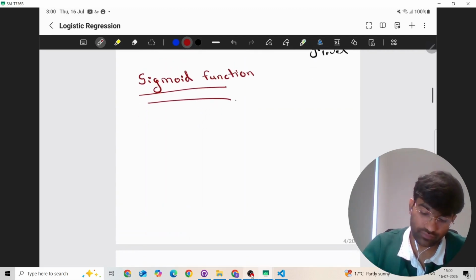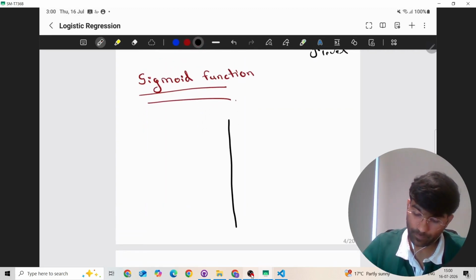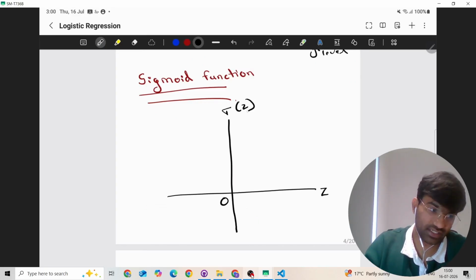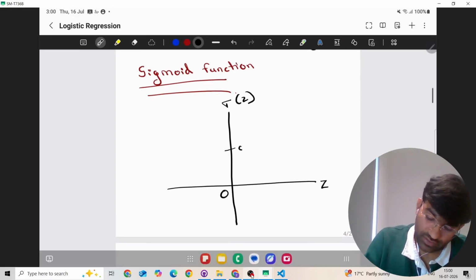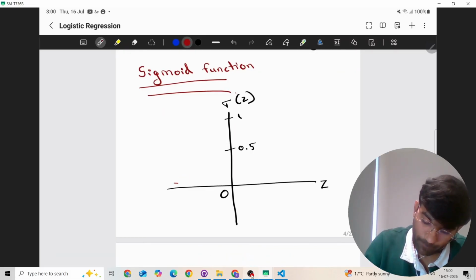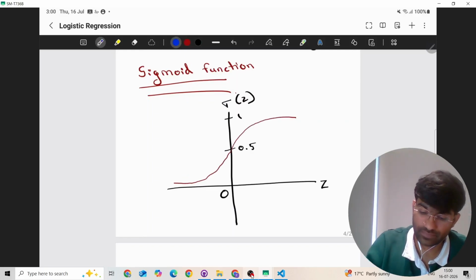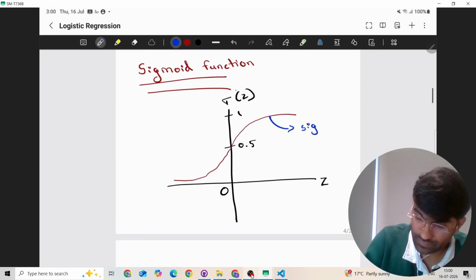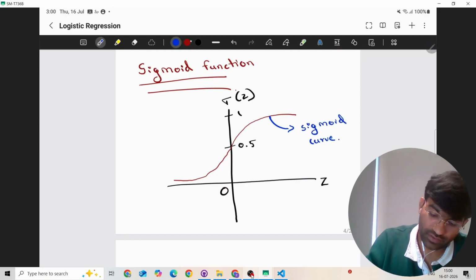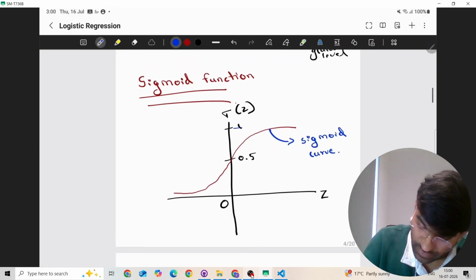Let me draw the sigmoid function graphically. This is 0, this is z, this is sigmoid of z, and this is 0.5 and this is 1. So this is our sigmoid curve. It fits both 1 and 0.